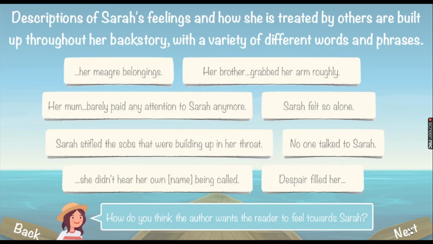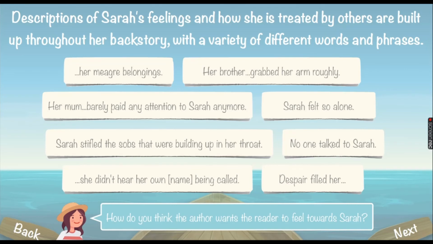Descriptions of Sarah's feelings and how she's treated by others in the example backstory were really effective. Her meagre belongings, so not very many. She stifled the sobs that were building up in her throat. No one talked to Sarah. Despair filled her. This makes the reader want the situation to improve.